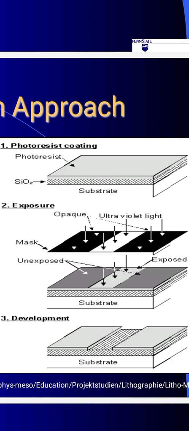The ultraviolet light will pass through the transparent region. In the opaque region, the ultraviolet light will not pass through the mask. So only the light will be passing to the photoresist, and the exposed part and unexposed part are shown in the picture.